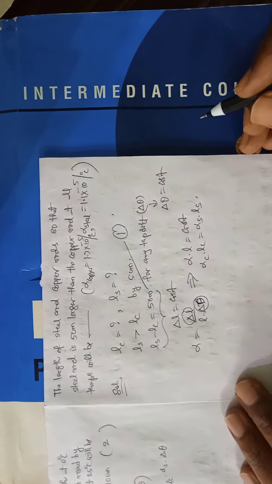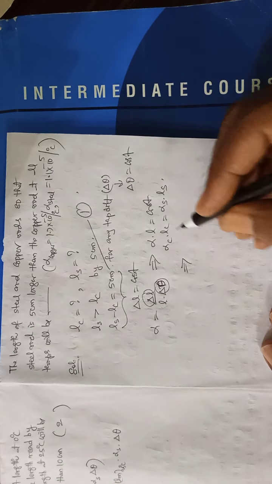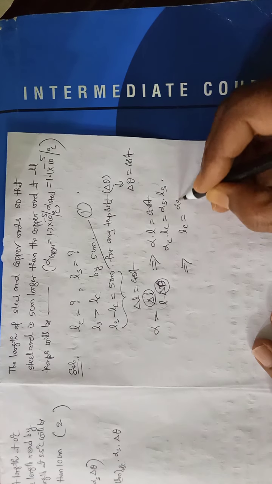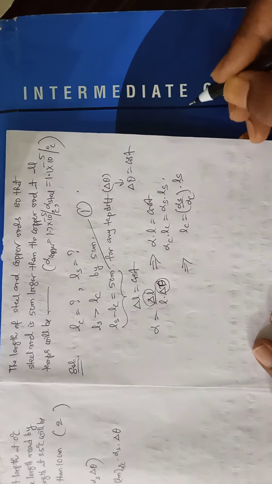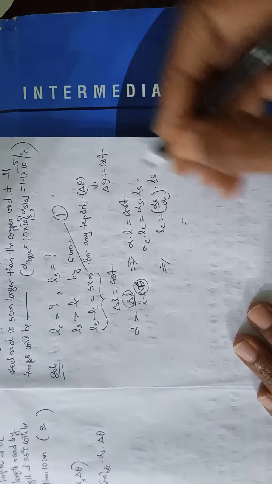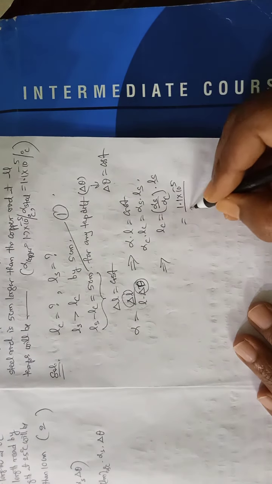Now, from this, LC is equal to alpha S by alpha C into LS. Alpha S value given 1.1, alpha C value 1.7.